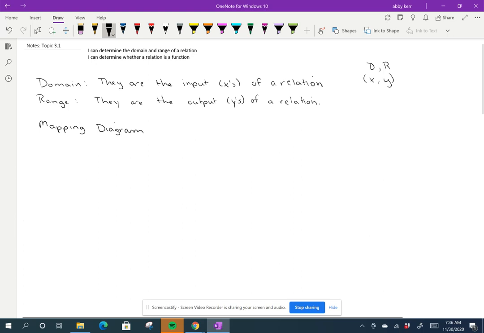A mapping diagram is what we use to map the domain, which is our x, to its corresponding y. Or I'm going to put range, and then in parentheses I'll put y.